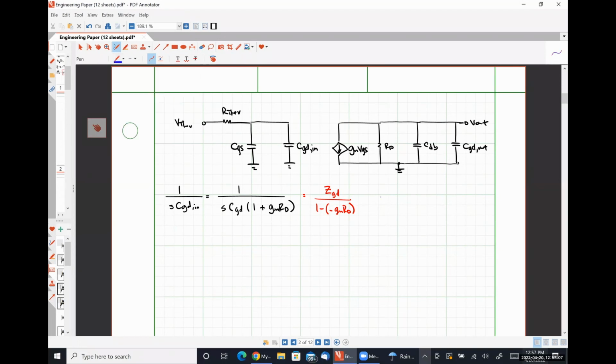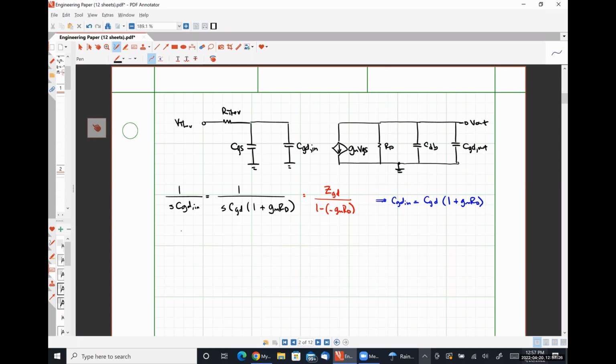And then from this, CGD in is simply CGD times a factor of 1 plus GMRD.